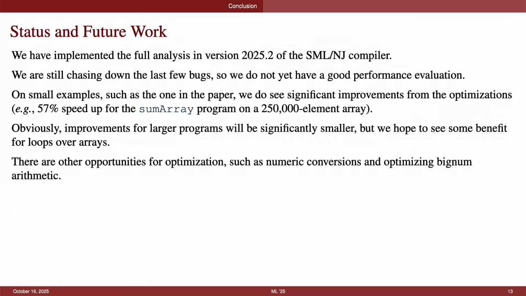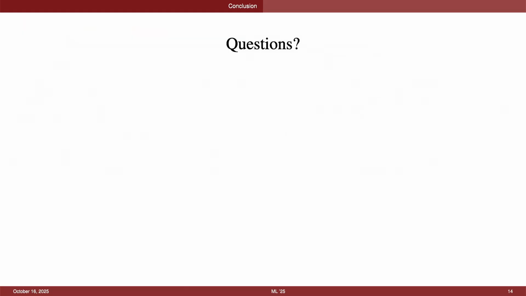But range analysis might be able to tell you that is not going to happen, and you could get rid of that test. It's also conceivable that bignum arithmetic could be optimized, where you could get away with fixed-size arithmetic because the results are going to be small enough. And with that, I'm happy to answer any questions.